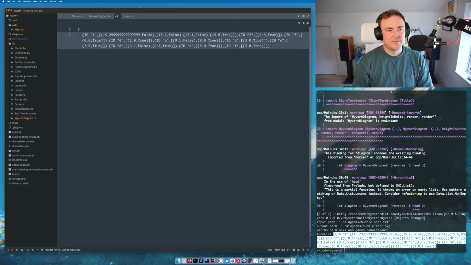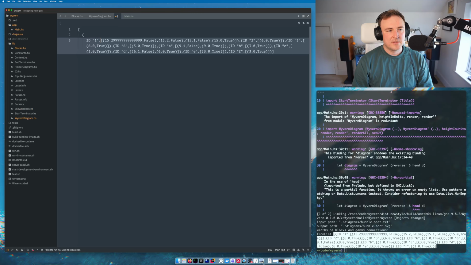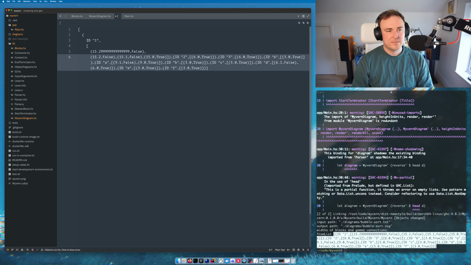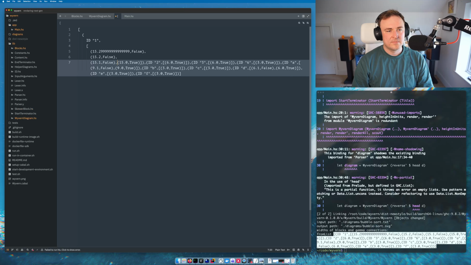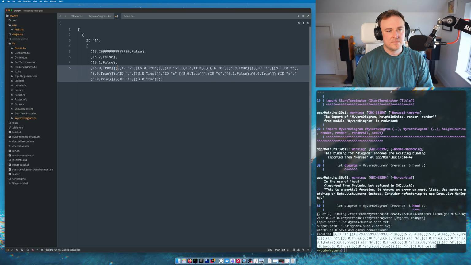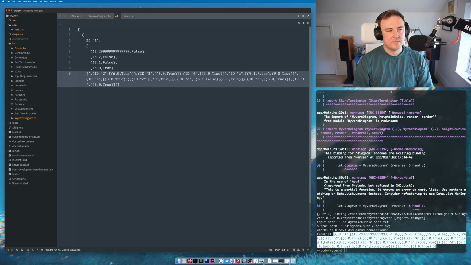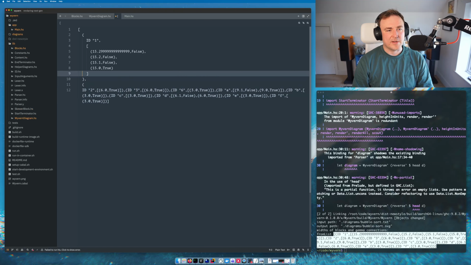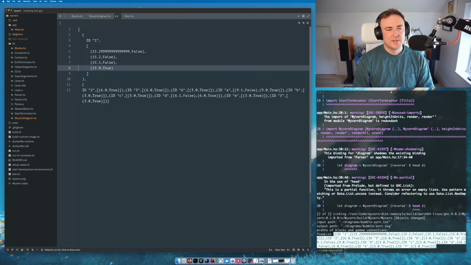So under 1, we have a list of these tuples. Okay, so let's try to interpret this.